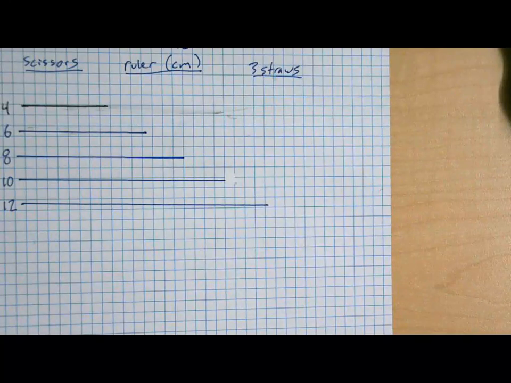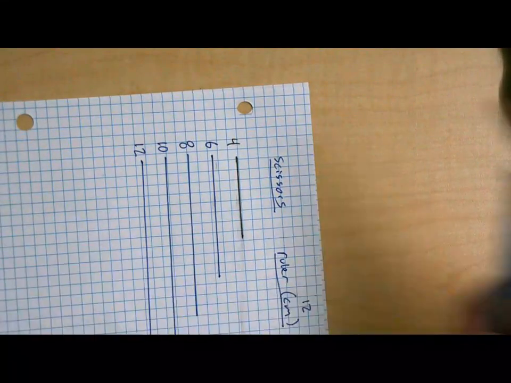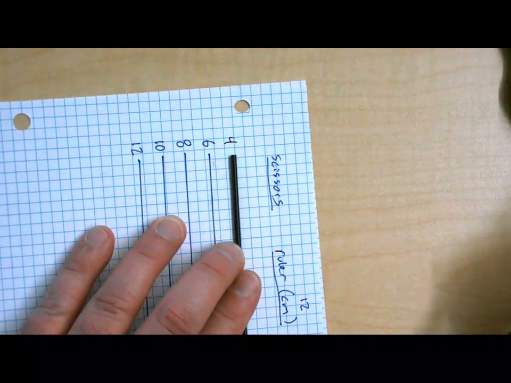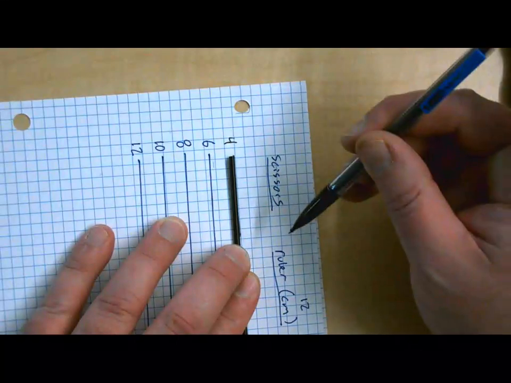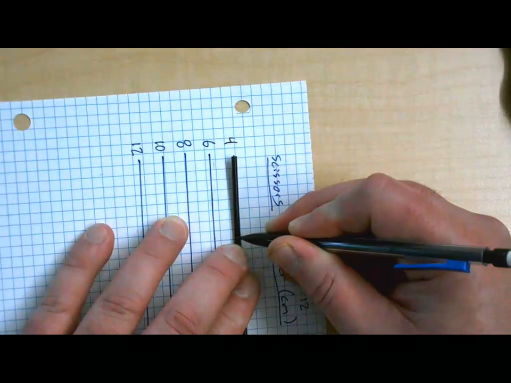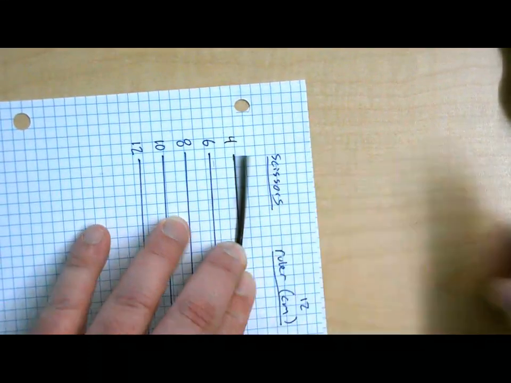And again, try and be as accurate as you can. I'm actually going to use a pencil to mark on the straw and then pick the straw up and cut it because I find it easier to cut if it's not on the paper. And a pencil will make enough of a mark on there that I can see once I pick it up.